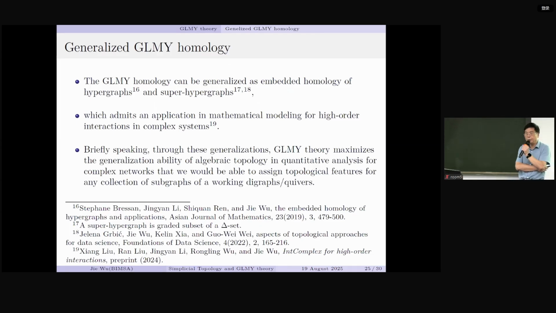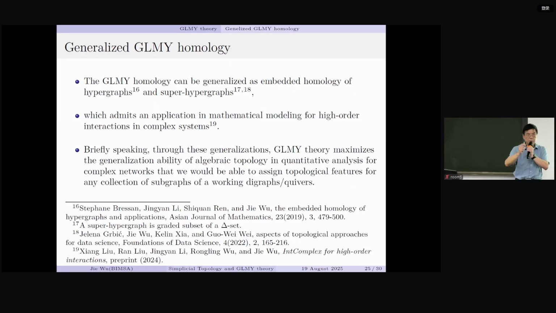You can expand from the directed graph to hypergraphs, to directed hypergraphs, or even to what we call super hypergraphs, more complicated objects. These more complicated objects can produce mathematical models for high order interactions in complex systems. Briefly, GLMY theory can now maximize the generalization ability of algebraic topology.